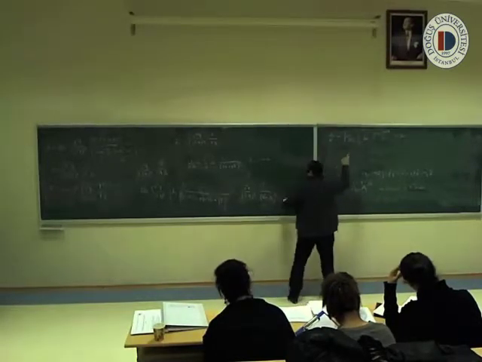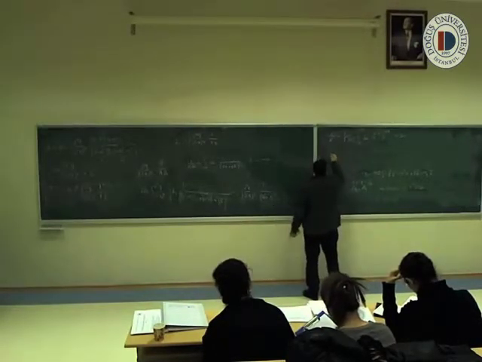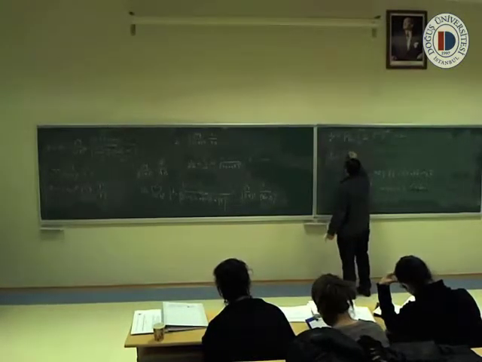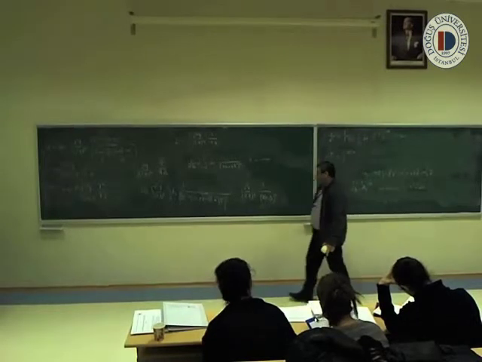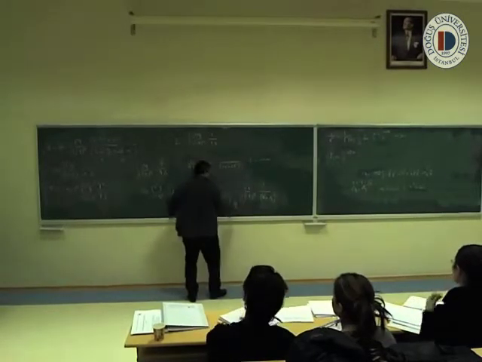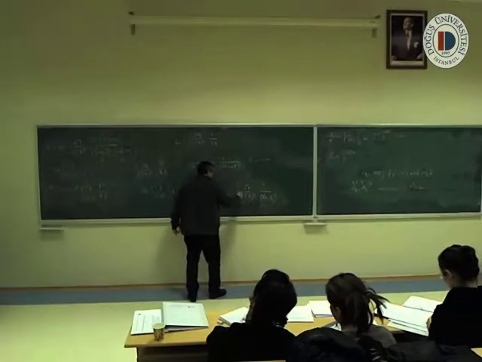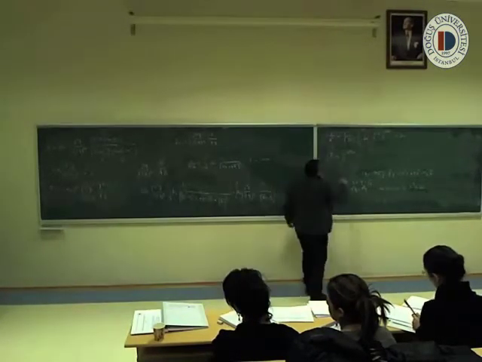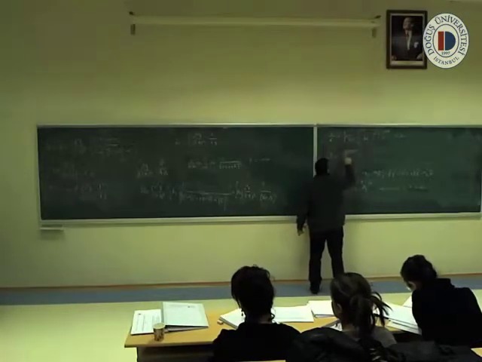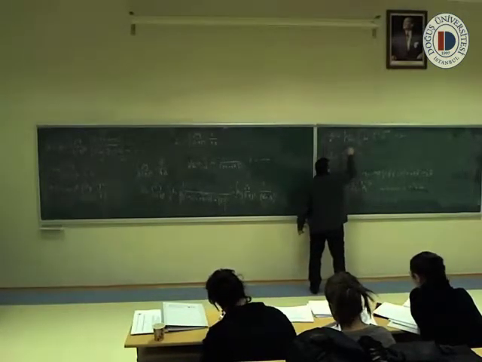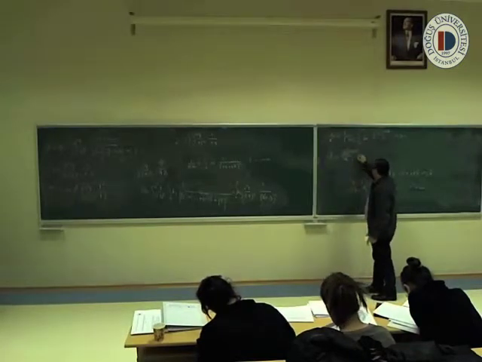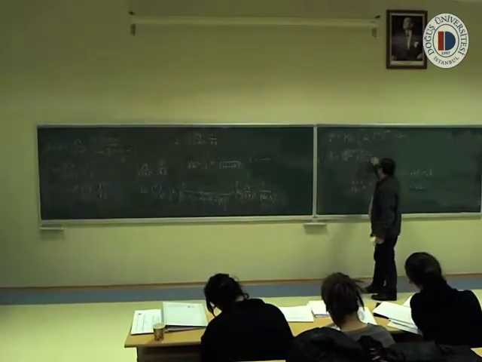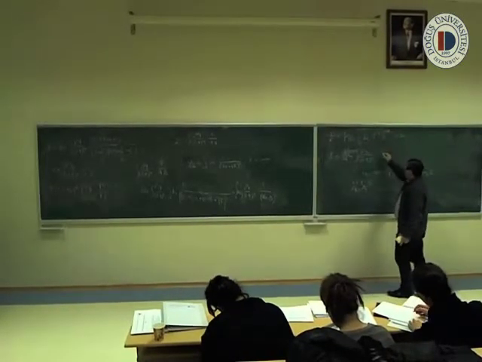Now, using this representation, I can write my integral I1. Here we also have an integral over x from 0 to 1, and the integral d4k over (2 pi) to the 4.